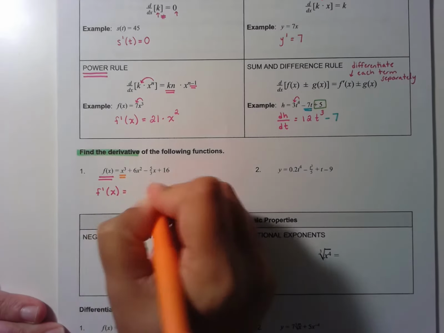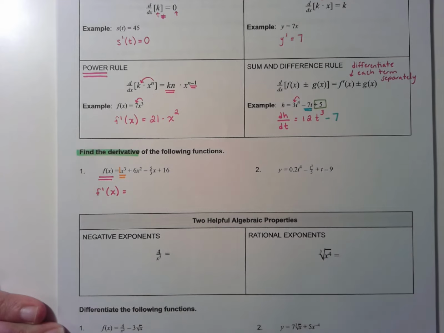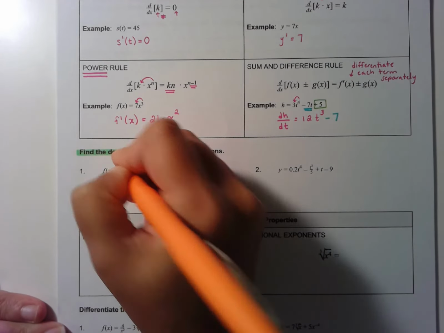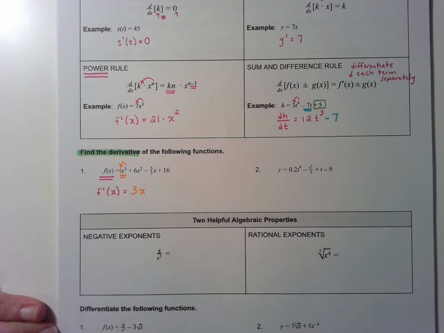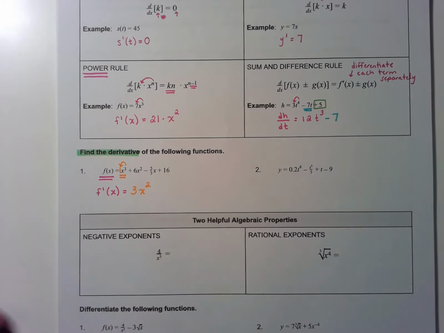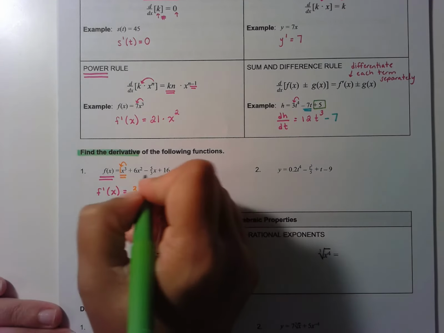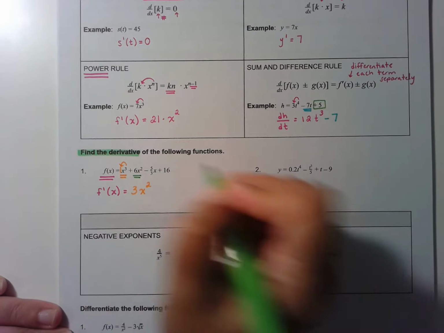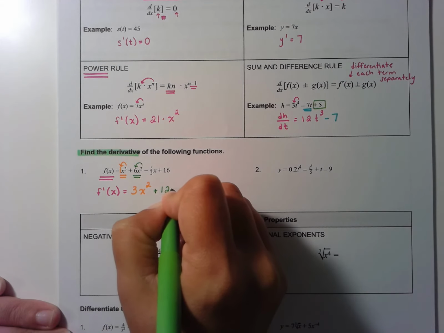So the derivative of x cubed, the invisible number here before the x is a 1. So when I drop my power, 3 times 1 is 3. X to the, now 3 minus 1 would be 2. So drop it, subtract 1. Next, I'm going to take care of the 6x squared. So I would drop my power, which means I get plus 12.